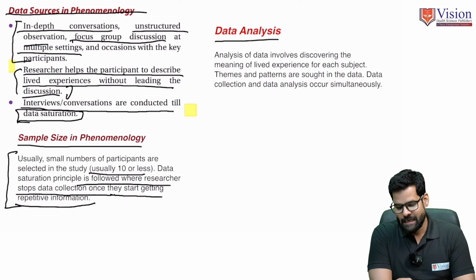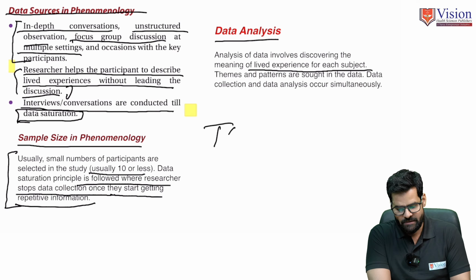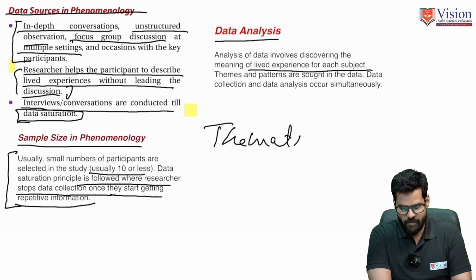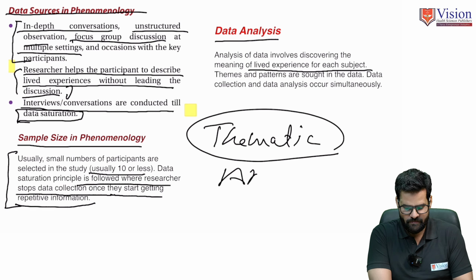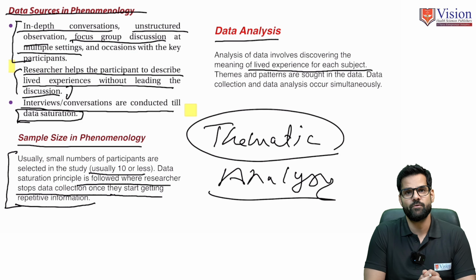Then what is data analysis? Analysis involves discovering the meaning of the lived experiences of each subject. So we do a thematic analysis. You will remember this thematic analysis. It is one important form, used not only for this but for most qualitative research.